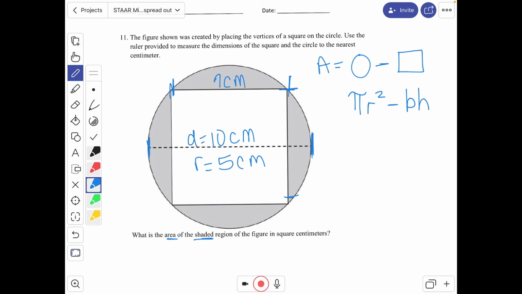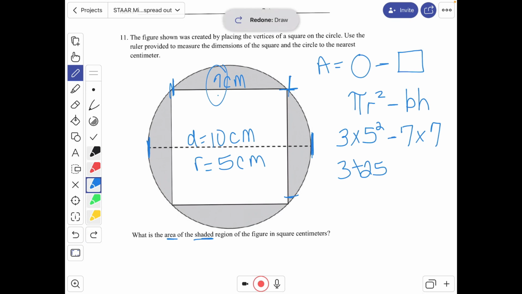Now I can plug the numbers into our formula. The number I'm going to use for pi is 3 because I'm just going to round. And the radius was 5, so 5 squared, minus the base of the square was 7, times the height, which is also 7 because it's a square. The first thing we need to do is the exponent. So 5 squared means 5 times 5, so that's 25, times 3, minus 7 times 7.